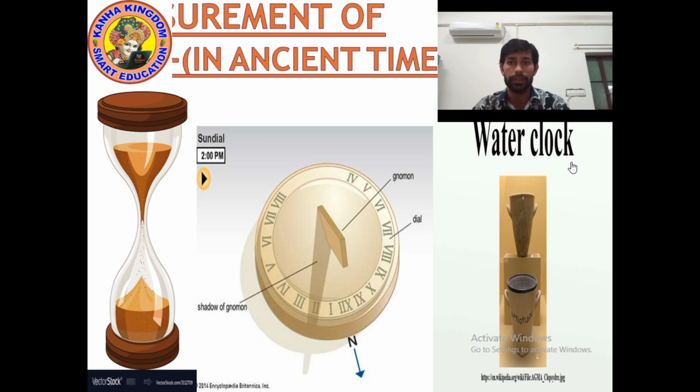This is a water clock. You can see the picture of the water clock. Can you see it? Yes. So all these are ancient time units: sand clock, sundial, and water clock. Okay. Now let's move on to the next point.